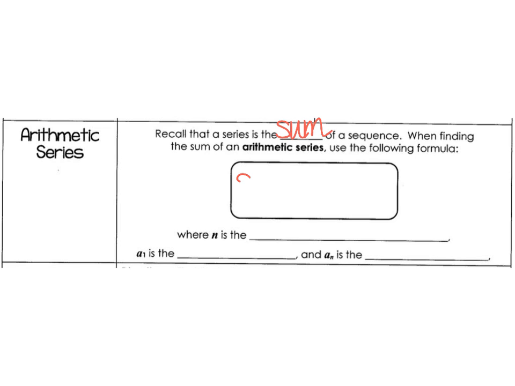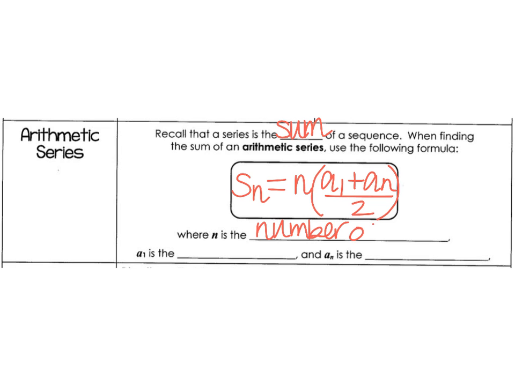So we say that the partial sum, S sub n, equals n times the first term plus the nth term, divided by 2, where n is the number of terms, A sub 1 is the first term, and A sub n is the last term.